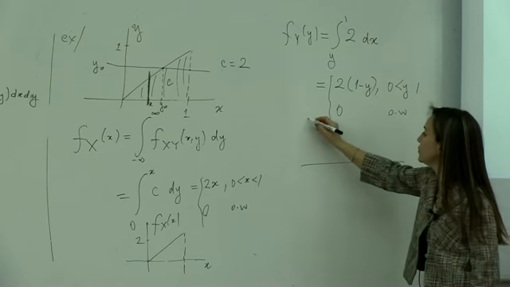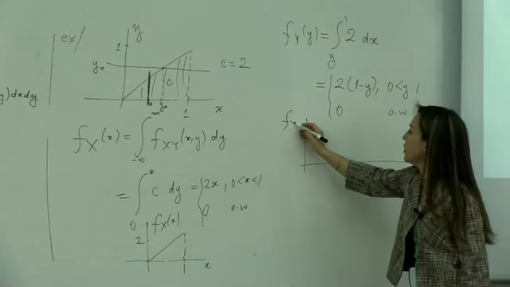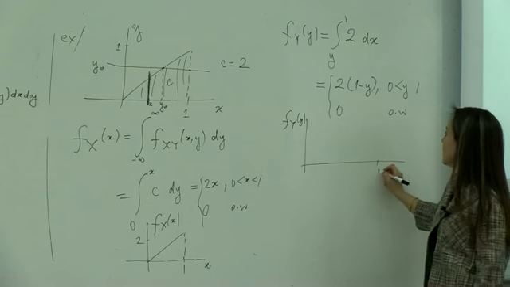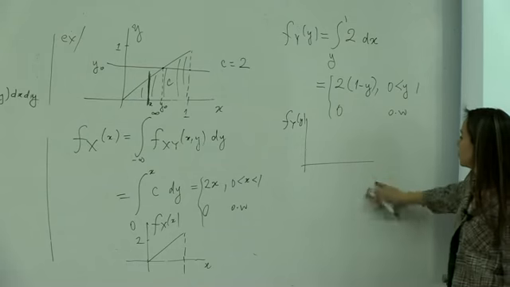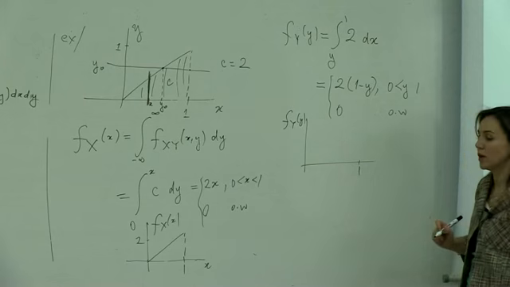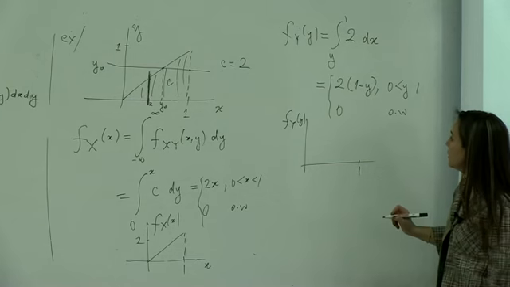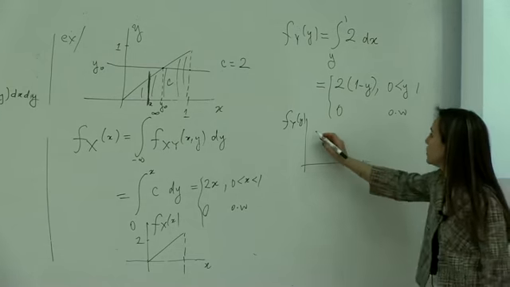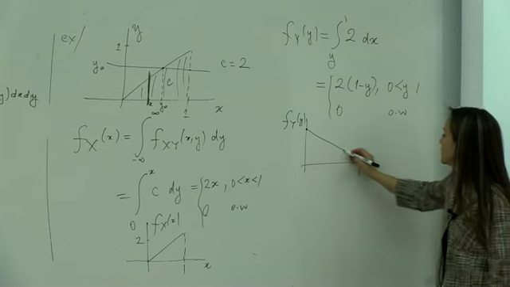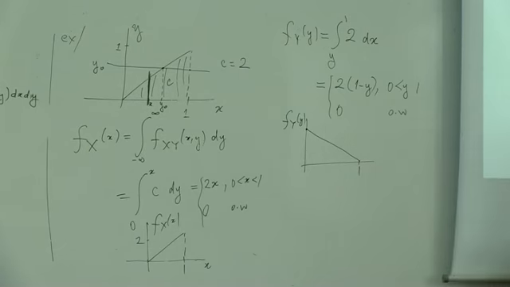Let's try to plot it, if you will. f_Y of y, from 0 to 1. Let me put my 1 over here. 2 times (1 minus y). 2 times 0 is here. Okay.